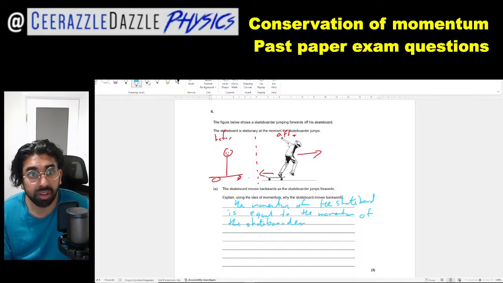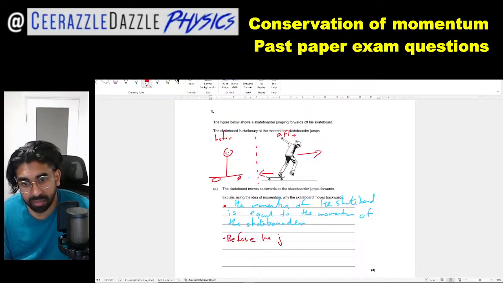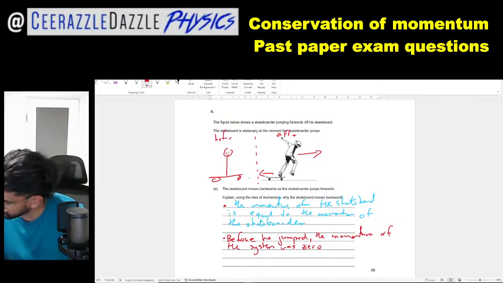Right, look, before he jumped, the momentum of the system was 0. It was 0 in this case over here.